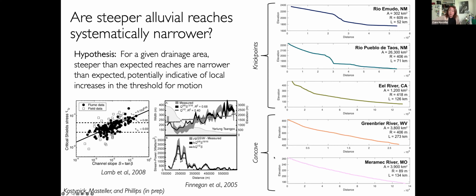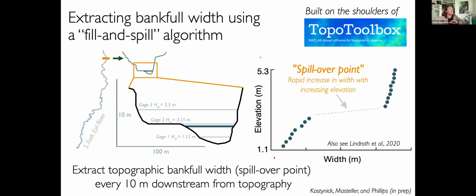And so what Robert did along these rivers, using a high resolution LiDAR data set, is he extracted bankfull width using what we're calling a fill and spill algorithm. This is something we built on the shoulders of TopoToolbox, which is an incredible MATLAB-based software for topographic analysis. After we extract our stream network, we generate normal river cross sections every 10 meters moving downstream.